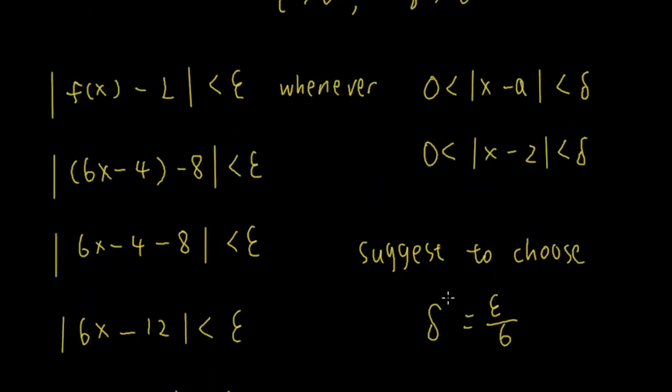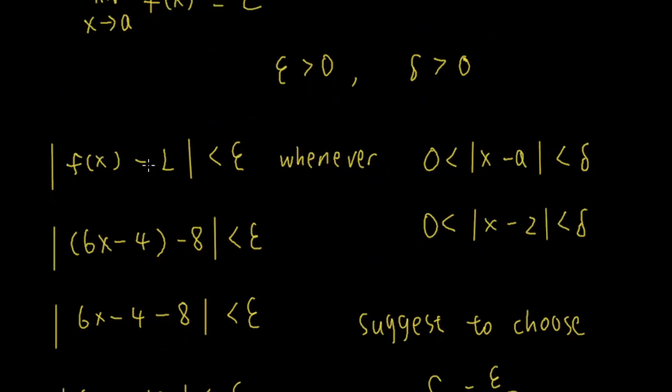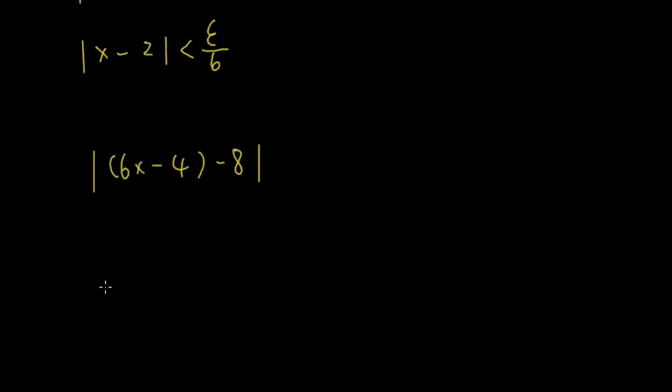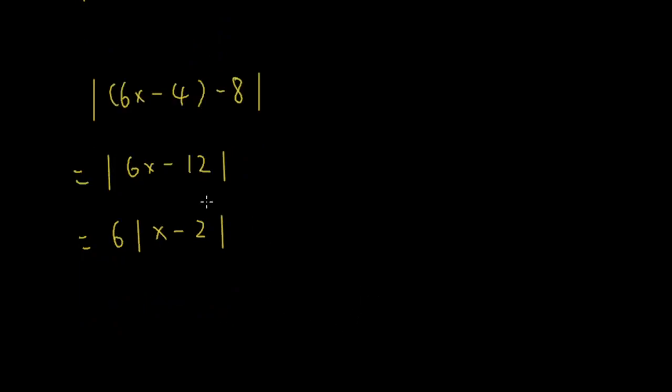Come back to here, f at x minus L. So we have the absolute value of 6x minus 4 minus 8, and that is equal to the absolute value of 6x minus 12. We factor the 6 out, and we have 6 times the absolute value of x minus 2. Now, in this case, what is the absolute value of x minus 2?